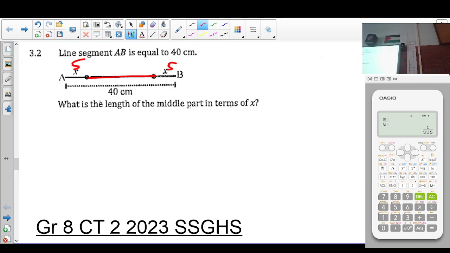Because it would be 40 minus 5 minus 5. What if that had to be 10 and 10? 10 here and 10 there. 20. So that's 40 minus 10 minus 10. But now since it's x, what is it going to be? 40 minus x minus x, which is 40 minus 2x.